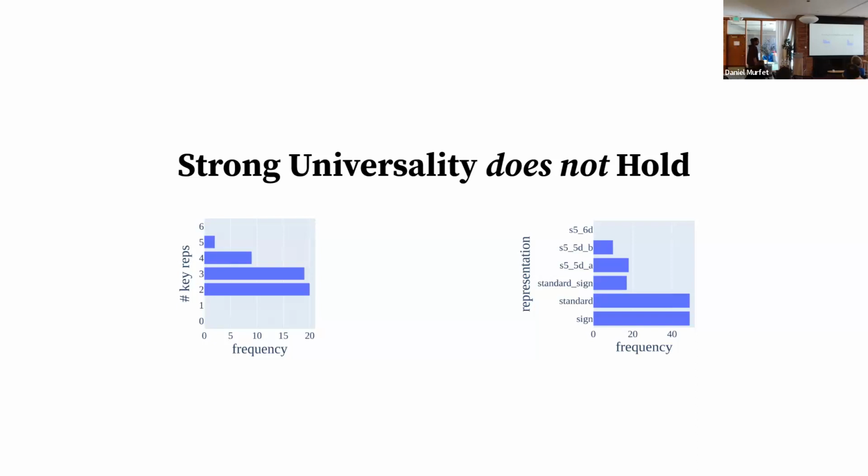In a single run, how many different representations are being used to solve the task? The way we do this is we expect the logits to be a sum of characters across different representations. If the network uses at least some percentage of this character, then we call this representation key.